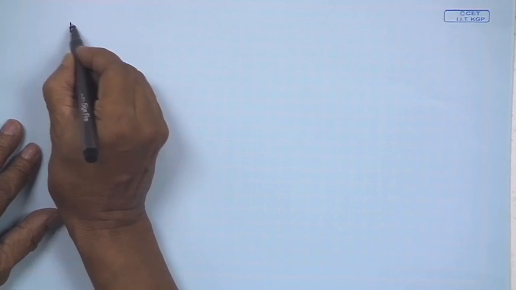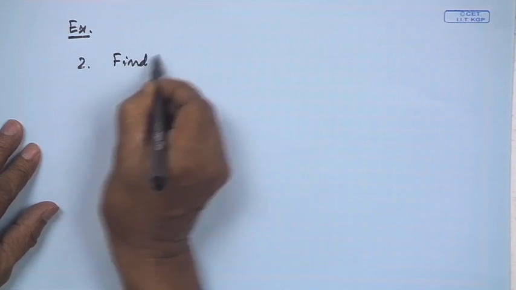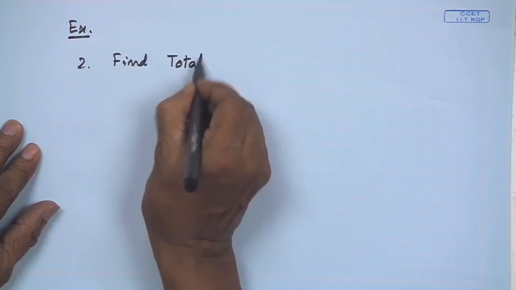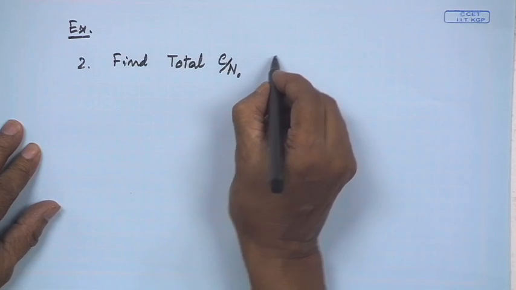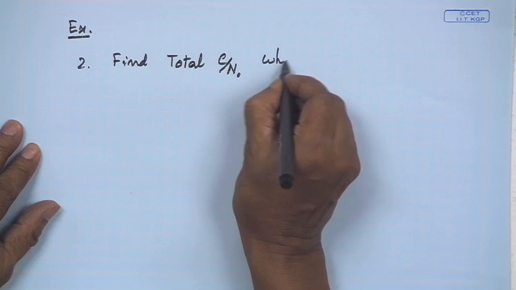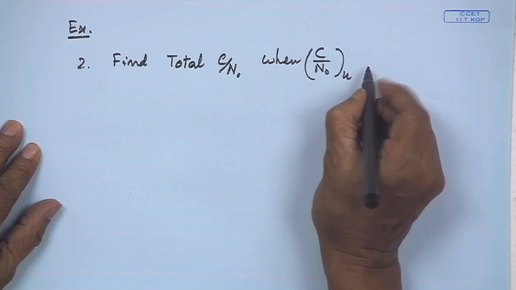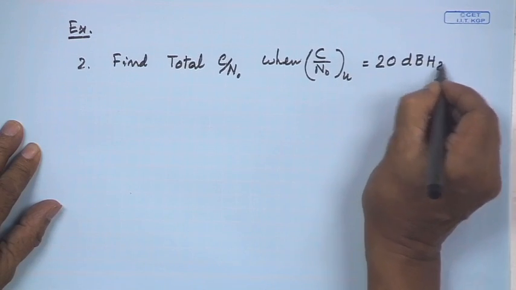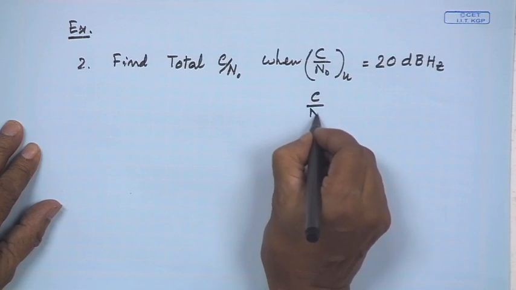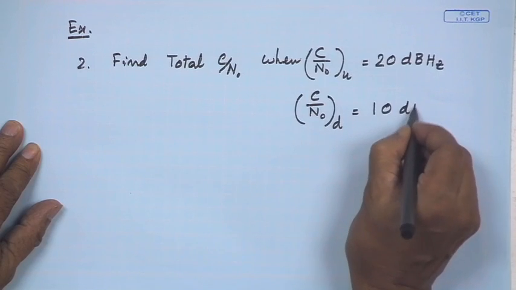Let us see another example. Example 2. Find total C by N0 when C by N0 up is 20 dB hertz and C by N0 down is 10 dB hertz.